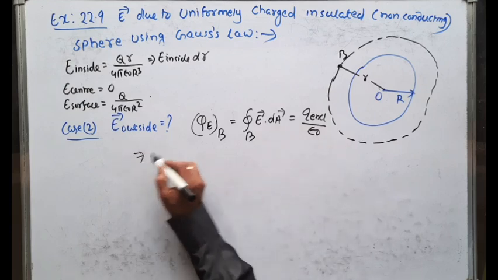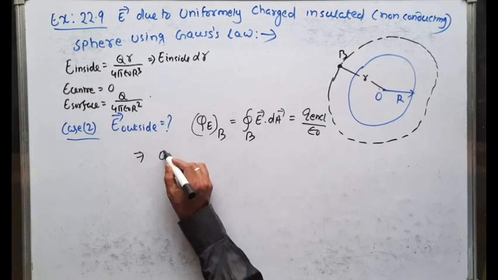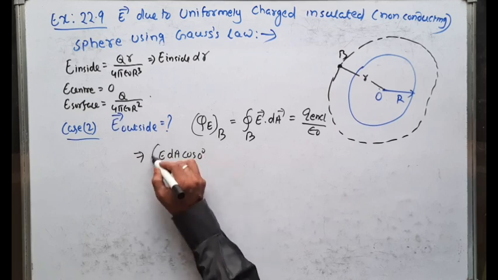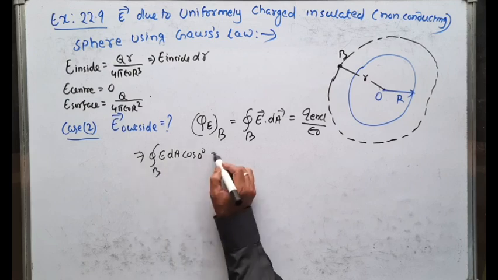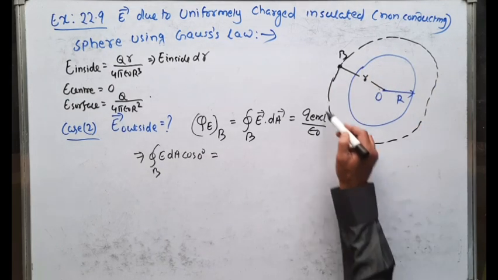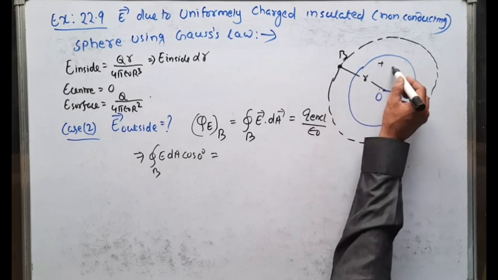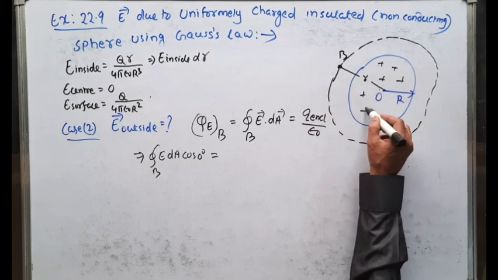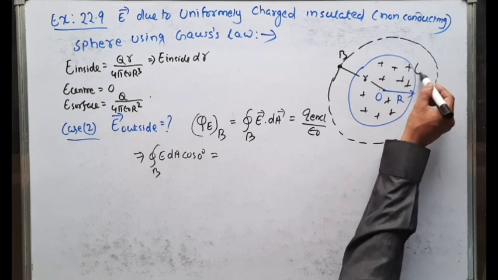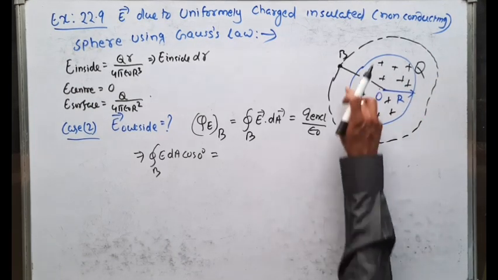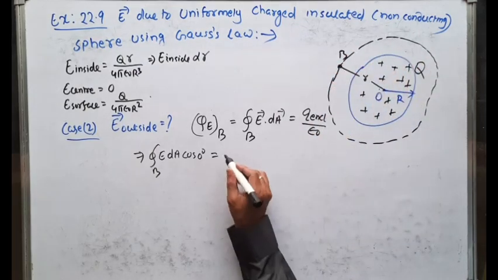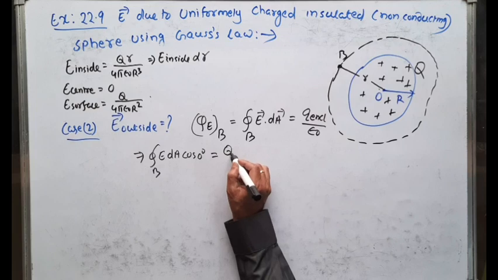So that implies, here E dA cos 0 surface integral is equal to Q enclosed. What is the charge enclosed by this Gaussian sphere? The total charge is uniformly distributed throughout its volume, that is, the total charge given is Q. So that total charge Q will come within this Gaussian sphere. So here charge enclosed by the Gaussian sphere is equal to Q.